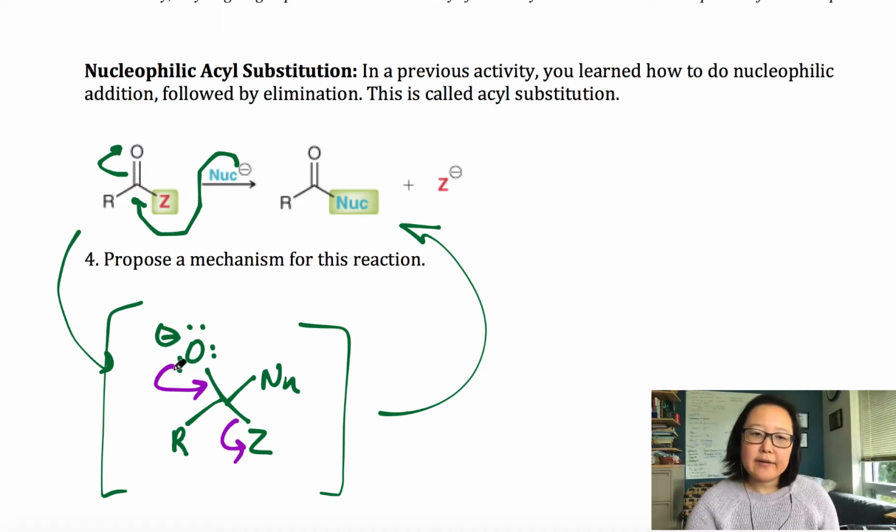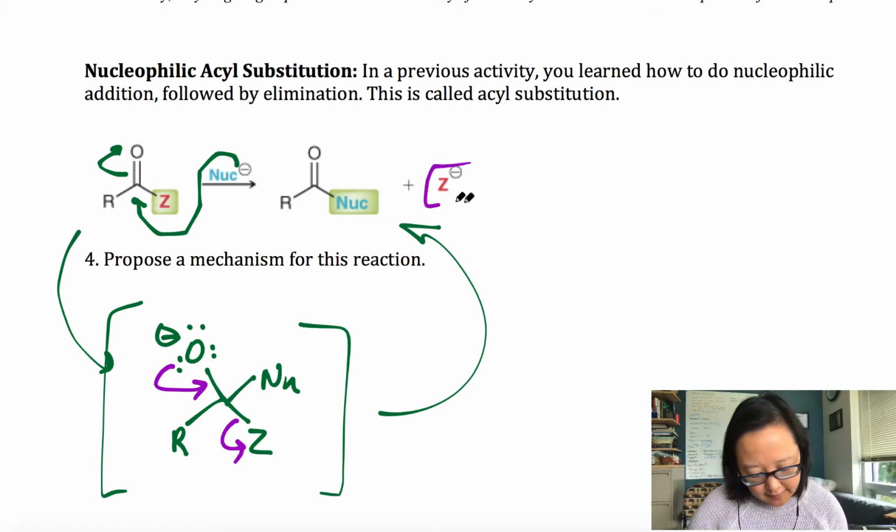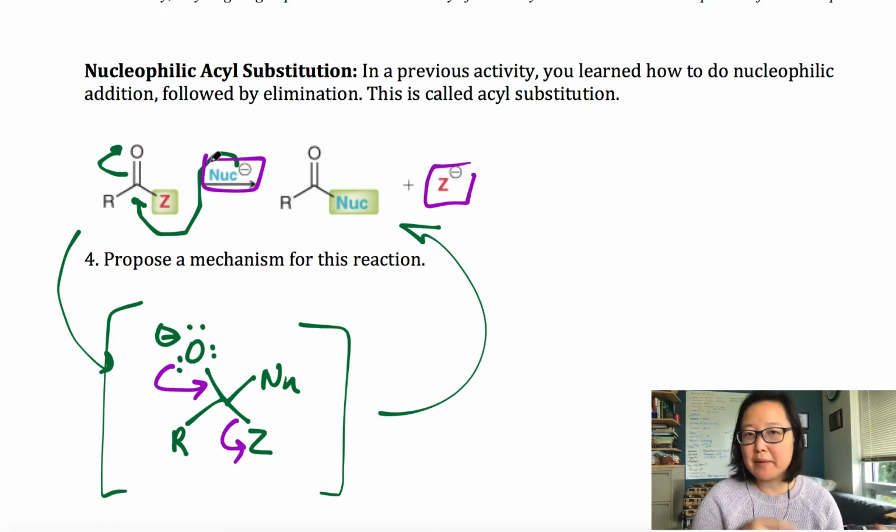Now we could kick out the other group, the nucleophile, but that would be a reverse reaction. It depends on how strong this nucleophile is, whether it's reversible or not. Usually if it's pretty strong, it drives forward. So this Z competes with the nucleophile in terms of coming back to attack. If Z is stronger, it'll come back and we'll go backwards.